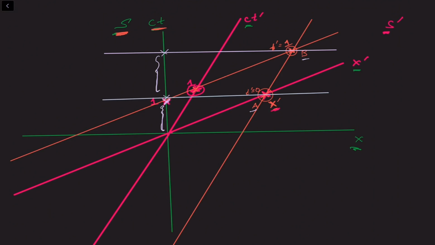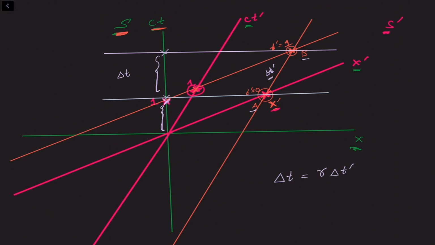Therefore, the time that has elapsed in the frame S is longer than the time that has elapsed in the frame S prime. If you work out exactly what this is, delta t will be equal to gamma times delta t prime.